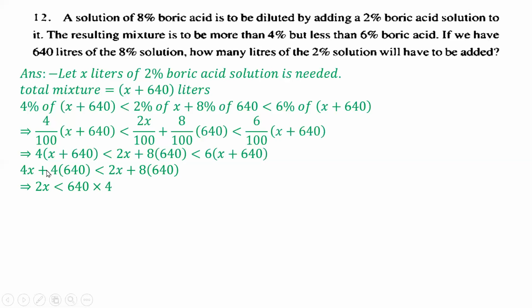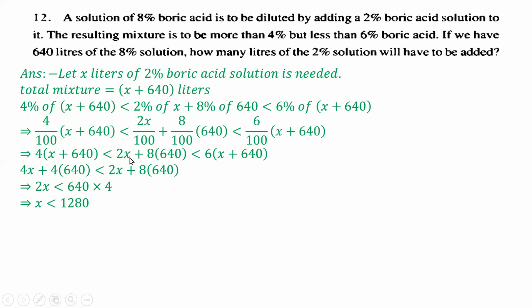Take the X term to your left hand side and the remaining constant term to your right hand side. So 2X is less than 640 into 4. So X is less than 1280. Multiply 640 by 4, you will find 1280. So from the first two parts, you can find a range for X, the amount of this 2% boric acid solution.